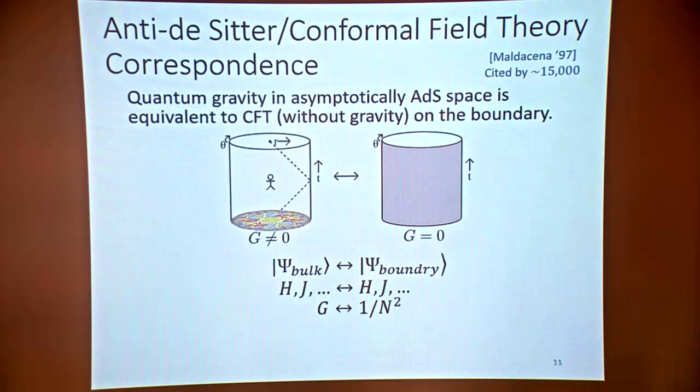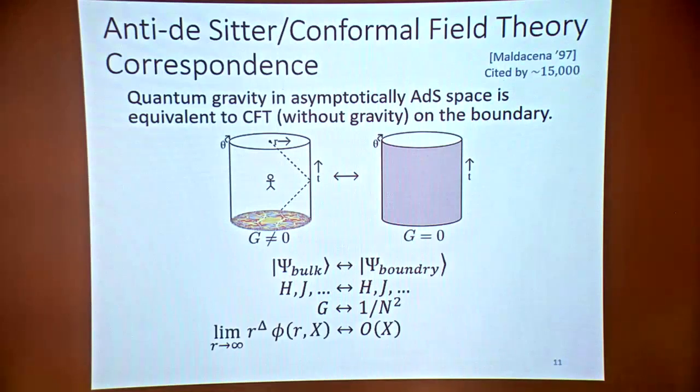On the other side, we don't. So what's Newton's constant, G, mapped to on the other side? It turns out it's mapped to 1 over N squared, where N is the rank of the gauge group. So in the so-called large N limit, we will find weak gravity and an approximate description in terms of classical gravitational physics, general relativity, and its generalizations.